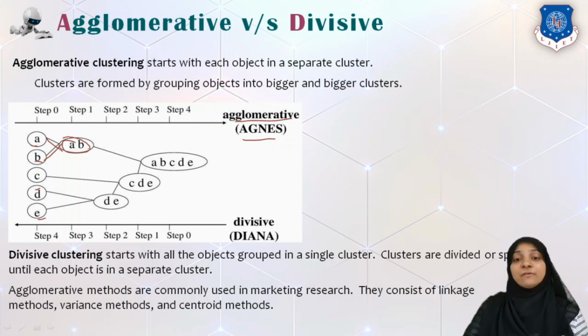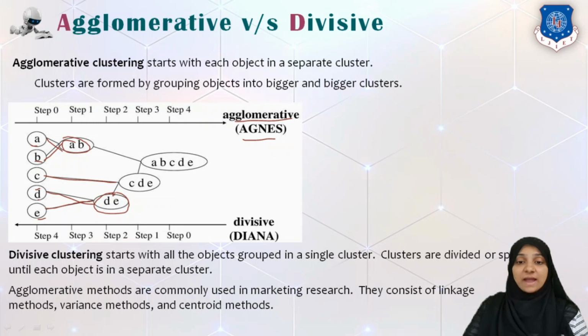In the second step, we go with another two nearest data points. Let us say D and E are the next nearest data points. So in the second step, those two are grouped together under a single cluster. Moving further, we see that C, D and E have the maximum similarity, or are the nearest to each other.